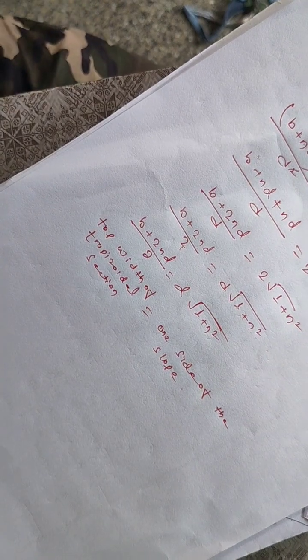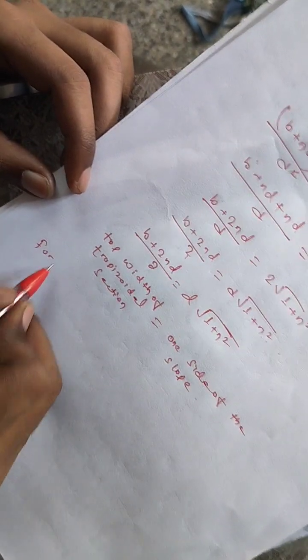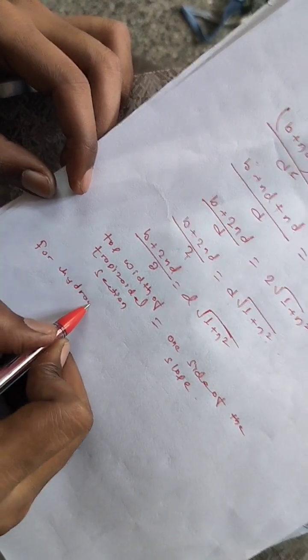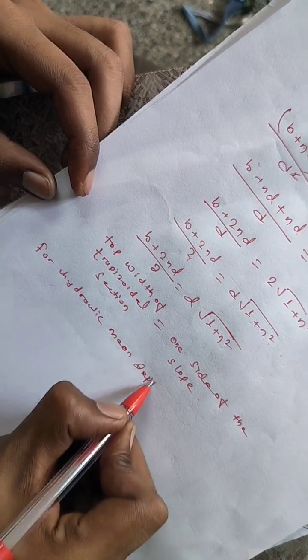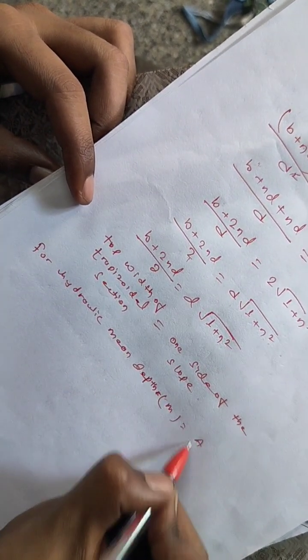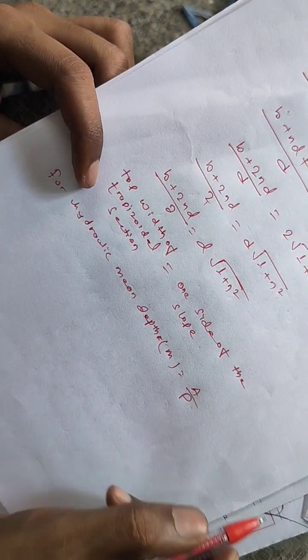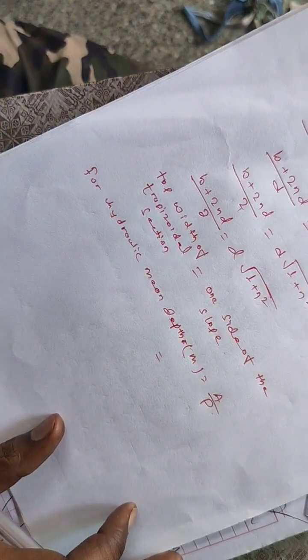Now for hydraulic mean depth, which will be equal to m equal to A by P. A is the area and P is the wetted perimeter.